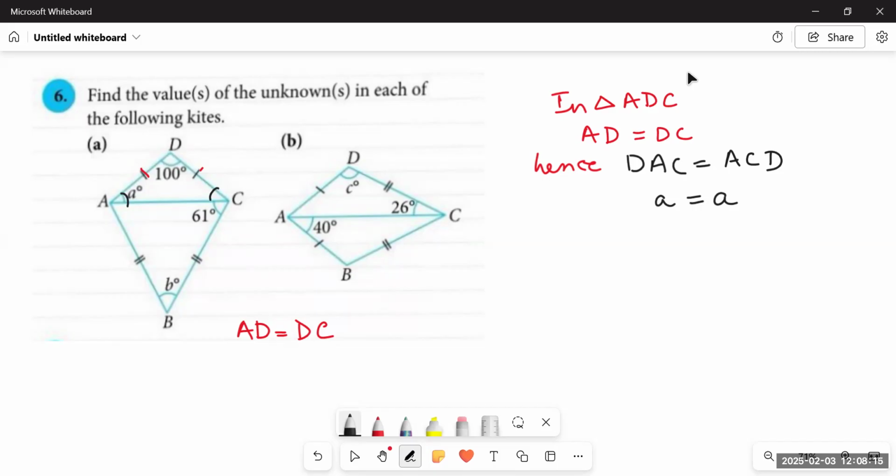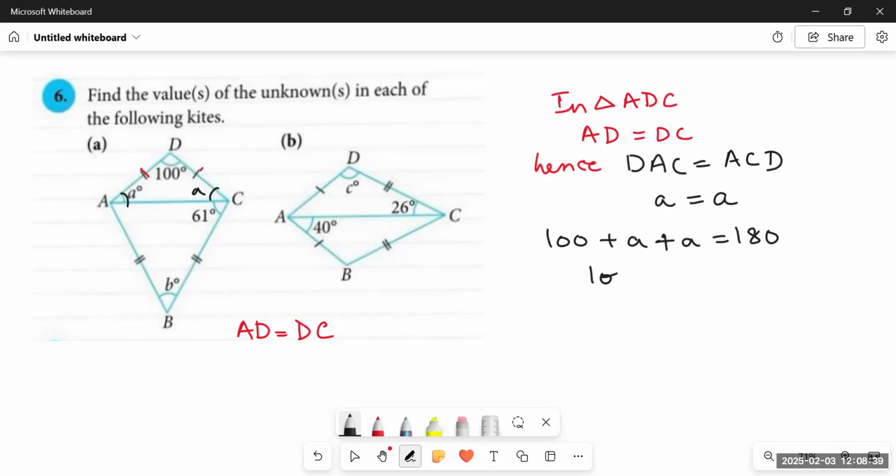We will simply write it as 100 plus A plus A is equal to 180 degrees, angle sum property. Isn't it? The three angles, angle A plus A plus 100 is equal to 180 degrees, which is the angle sum property of a triangle. That is the three angles in a triangle equal 180 degrees.